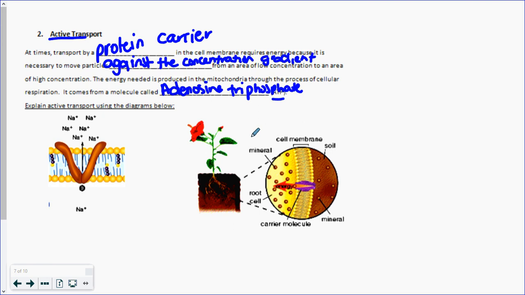So what it's saying is right now we have sodium here. Sodium, low concentration. And here it's sodium, but you see there's lots of them. Sodium, sodium, sodium. So that's high concentration.